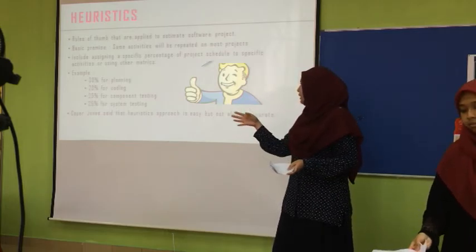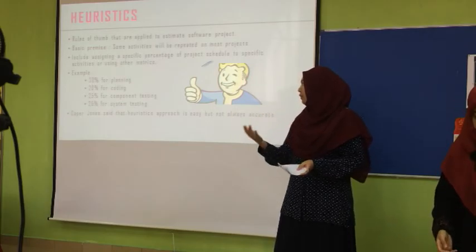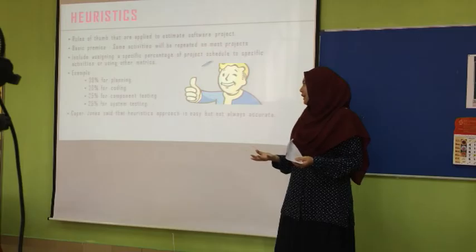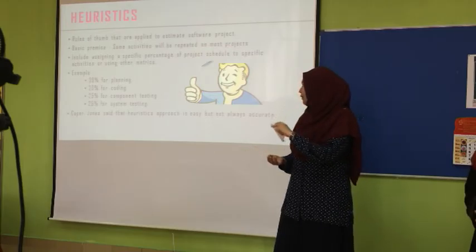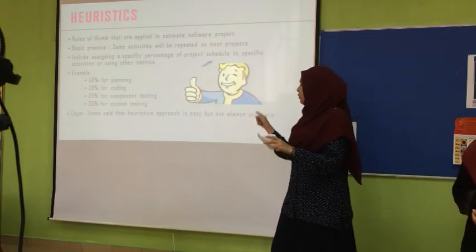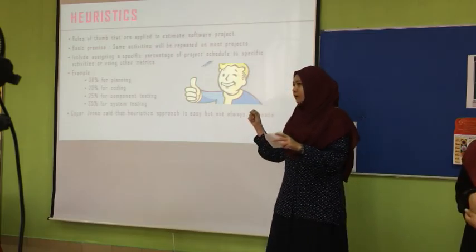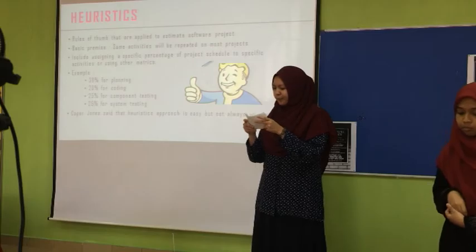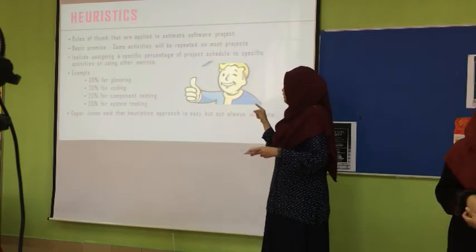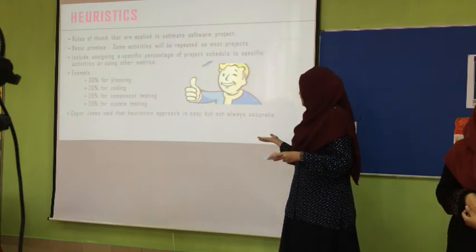For example, we estimate 30% for planning, another 20% for coding, 25% for component testing, and the last 25% for system testing. Capers Jones, who wrote the book about estimating software cost, said that the heuristic approach is easy but not always accurate.